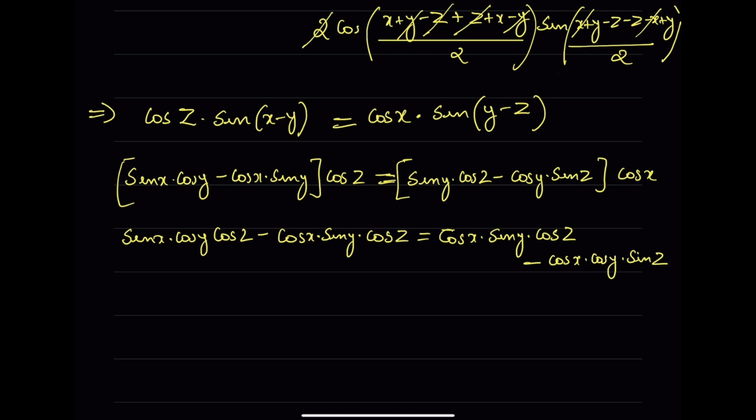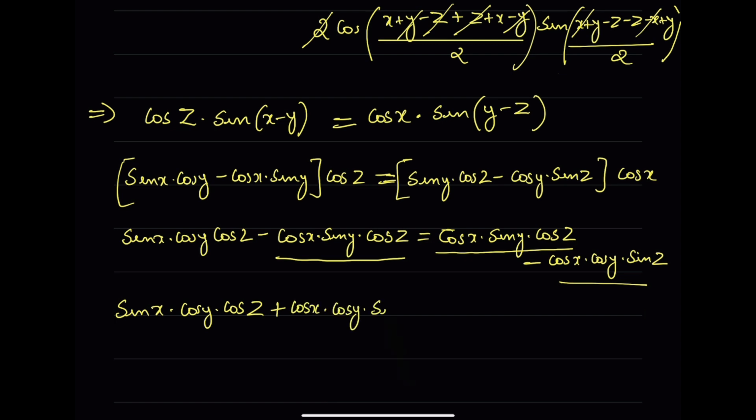Let's identify common terms. So we have cos x sin y cos z on both the sides, but one is negative and one is positive, so we can rearrange this equation. So this will be sin x cos y cos z, then I'm moving this last part to the other side, which will be plus cos x cos y sin z, is equal to, now I am moving this to the other side, so we have 2 times cos x sin y cos z.